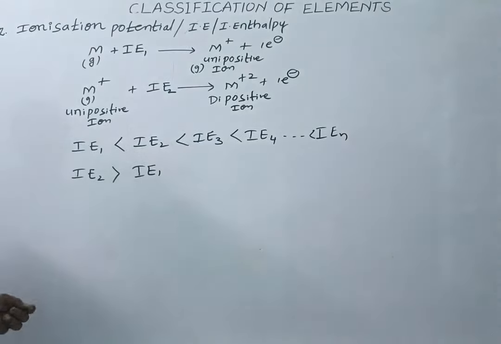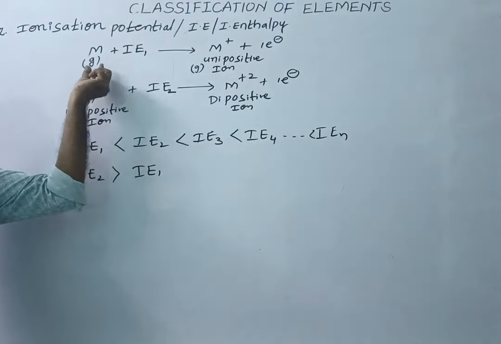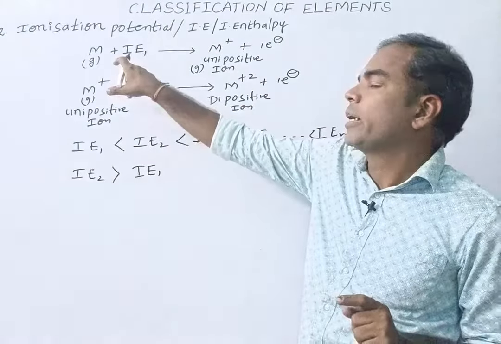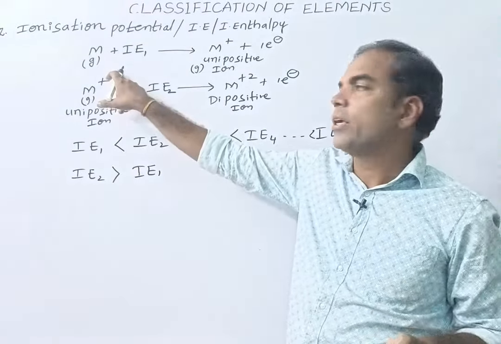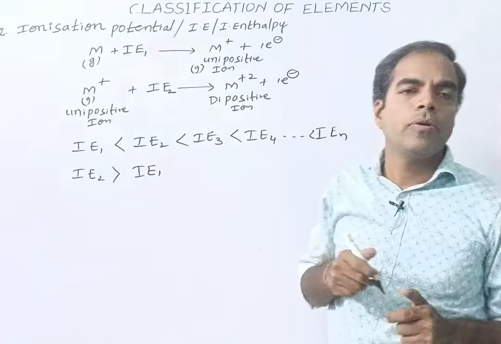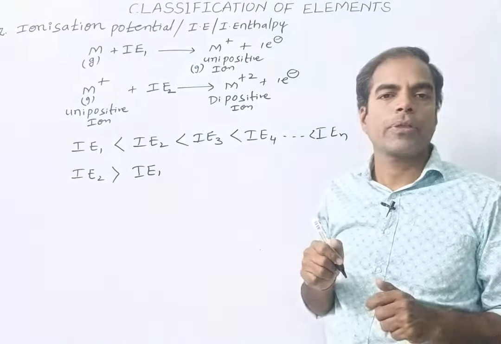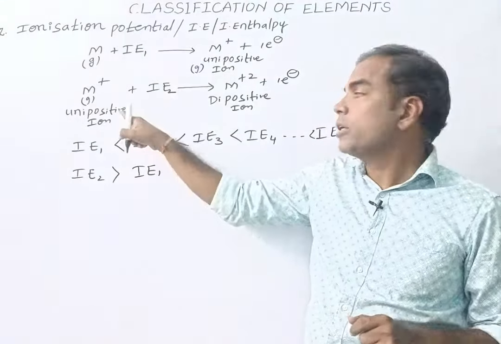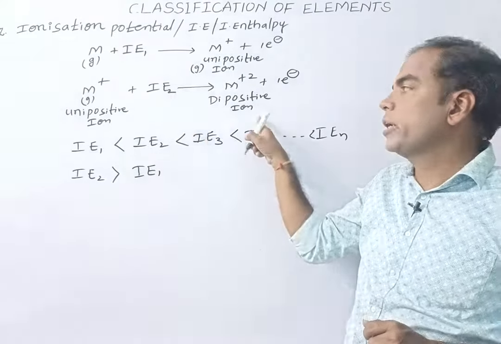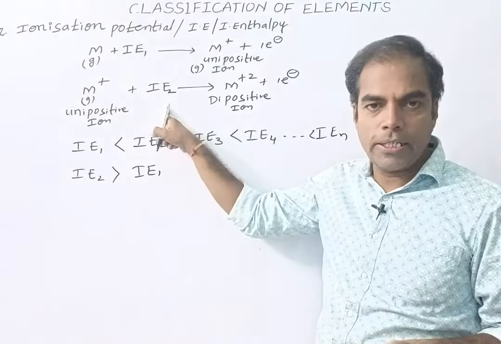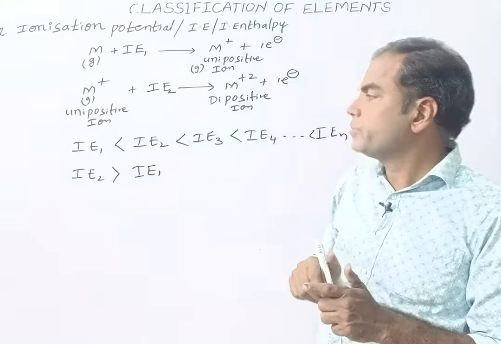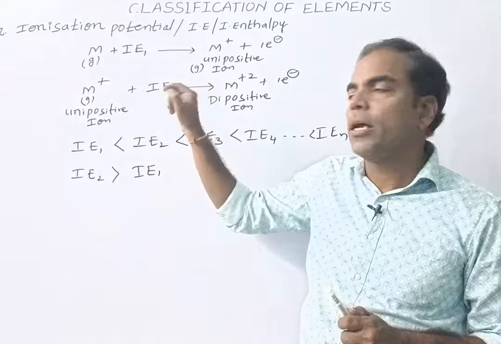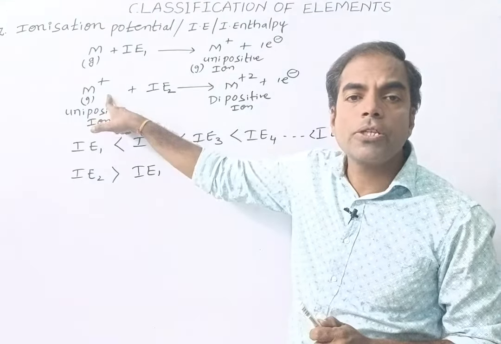The reason is that in a neutral atom, an equal number of electrons and protons are present. To remove an electron requires less energy. Neutral atom is converted to monopositive or unipositive ion. To remove one more electron from the unipositive ion, converting it to dipositive ion, requires some more energy. Why? Because in the unipositive ion, the number of electrons decreases and effective nuclear charge increases.